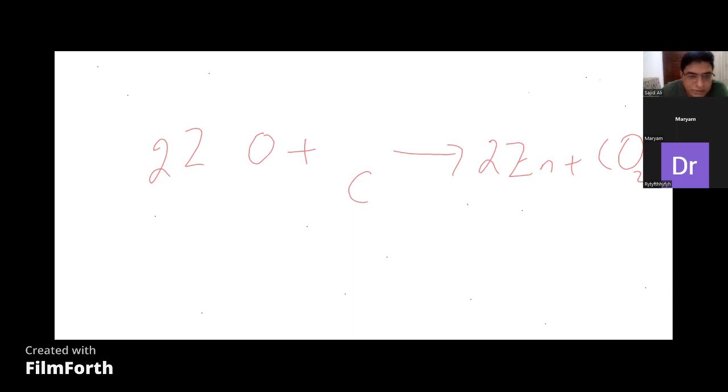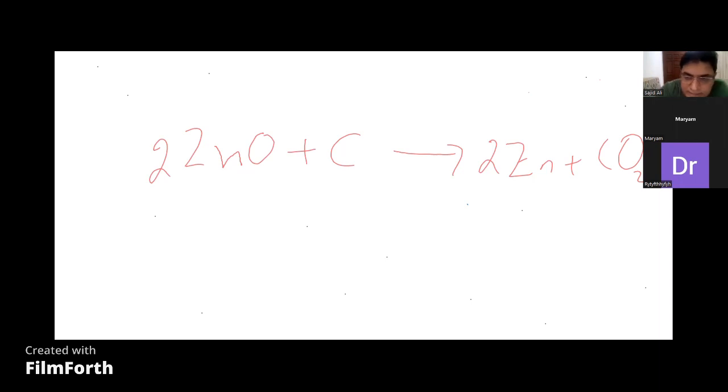Yes, tell me how it is a redox reaction, beta. Carbon is being oxidized and zinc is being reduced.